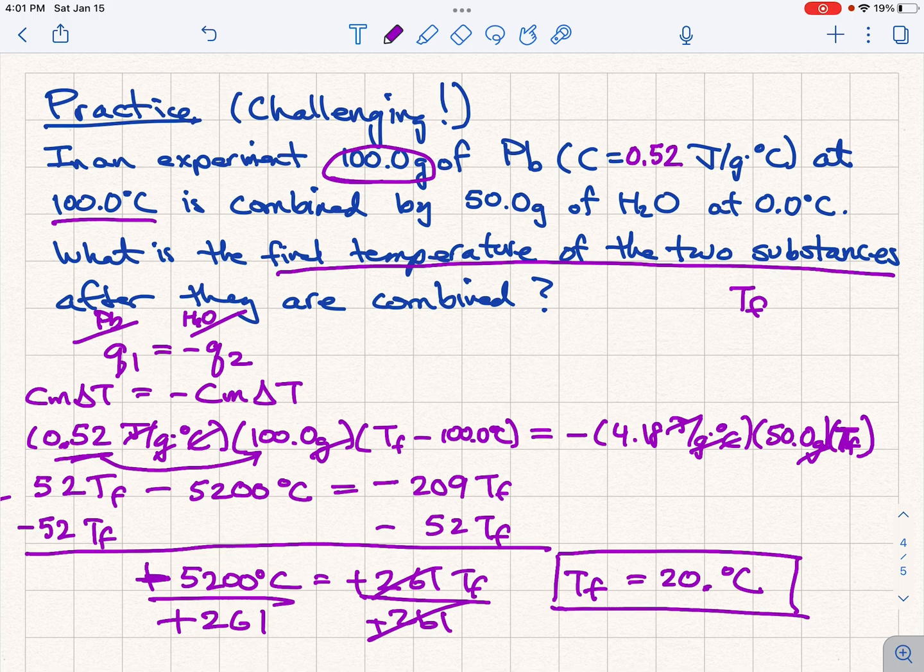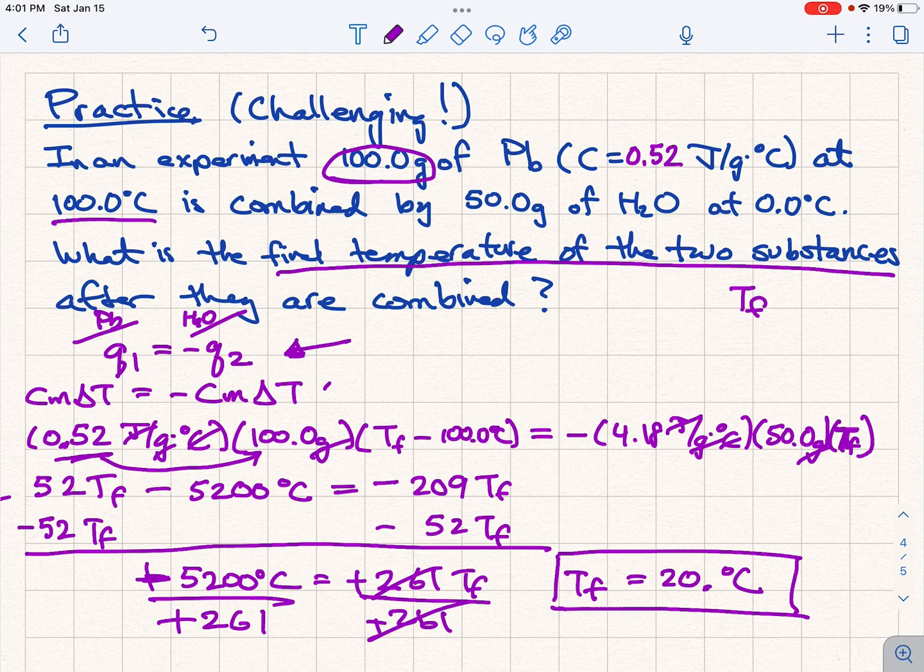All right, so a little extra algebra than normal, but nothing too bad. Maybe stuff you haven't thought about in a while, but it's good practice for you. So the key things here are the things that we combined: Q1 equals negative Q2, valid for things that are in thermal contact and are in some kind of shell that prevents them from losing heat to the outside.